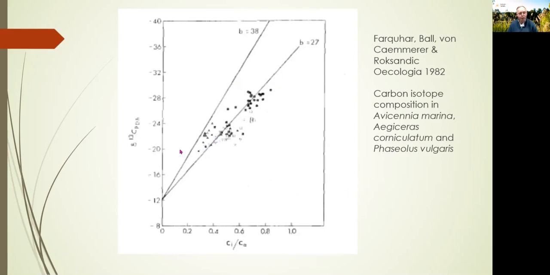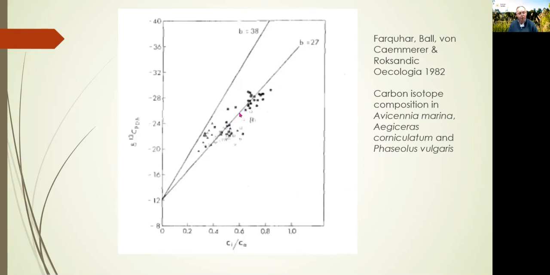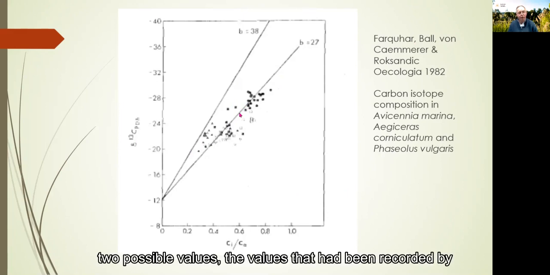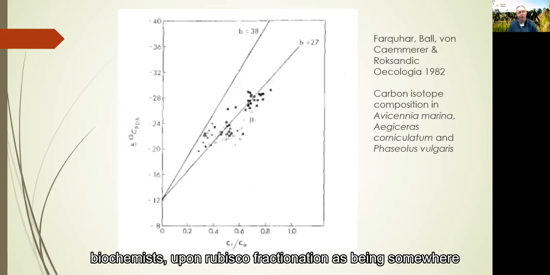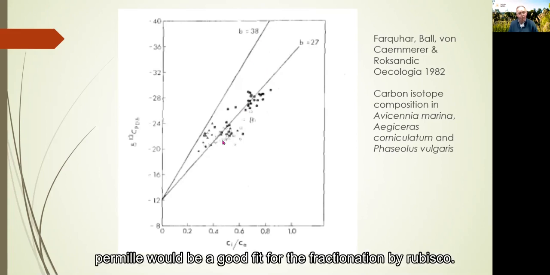And you can see that carbon isotope composition varied between plants, individual plants, where the two lines give two possible values, the values that had been recorded by biochemists for the Rubisco fractionation as being somewhere between 27 and 38 per mil. And this seemed to suggest that 27 per mil would be a good fit for the fractionation by Rubisco.